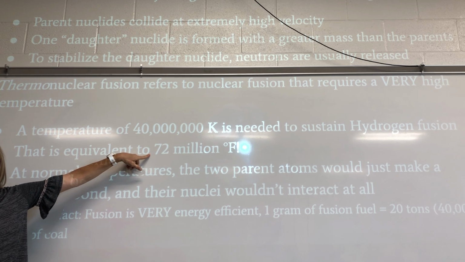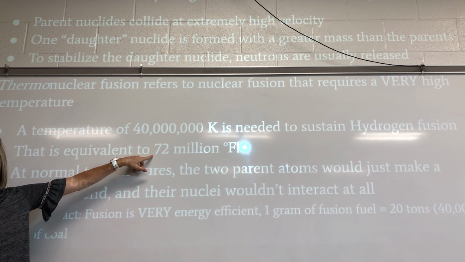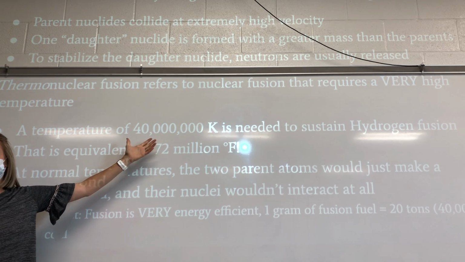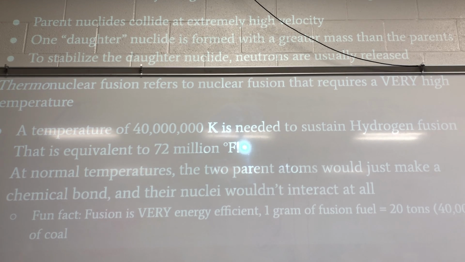is 72 million degrees Fahrenheit. You need an extreme amount of heat to make fusion happen. Now, it's not totally real, but it has a little basis behind it. How many of you have seen the original Spider-Man series, number 2 with Doc Ock?